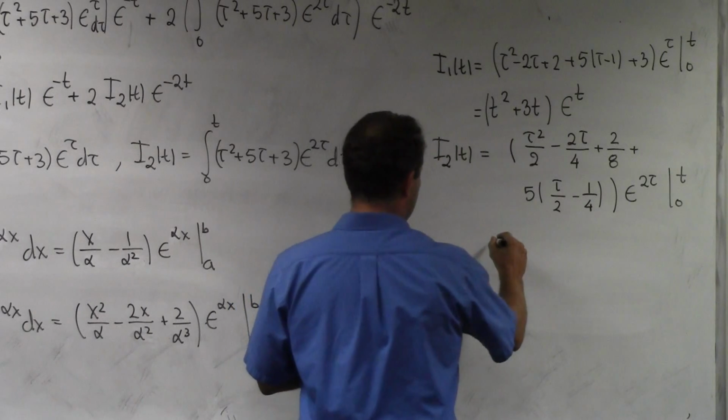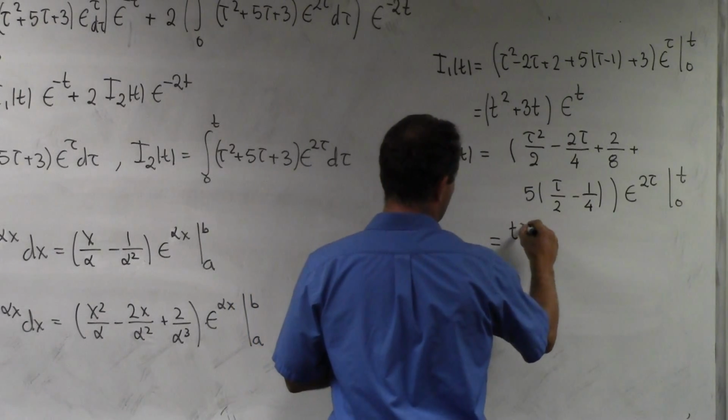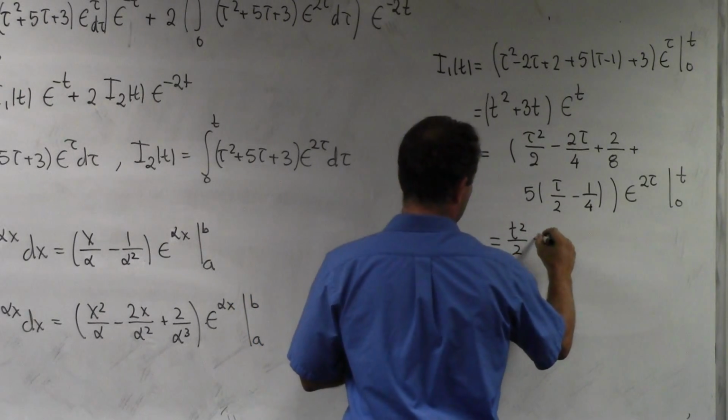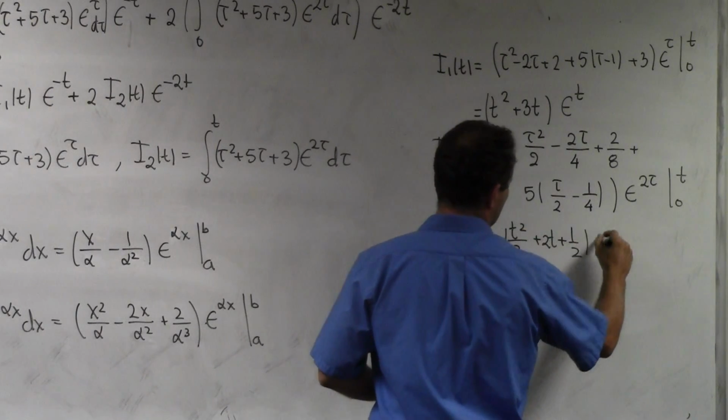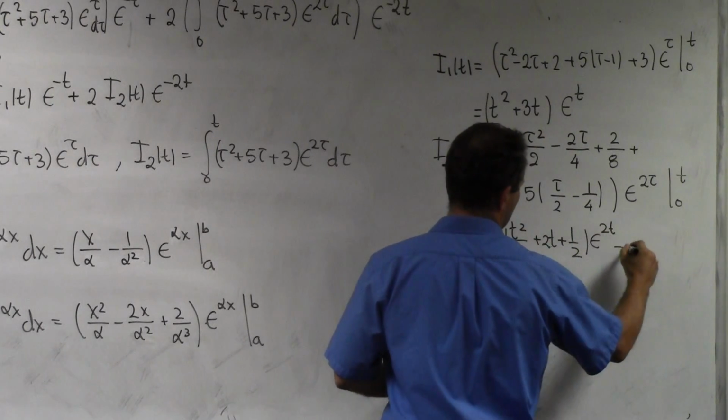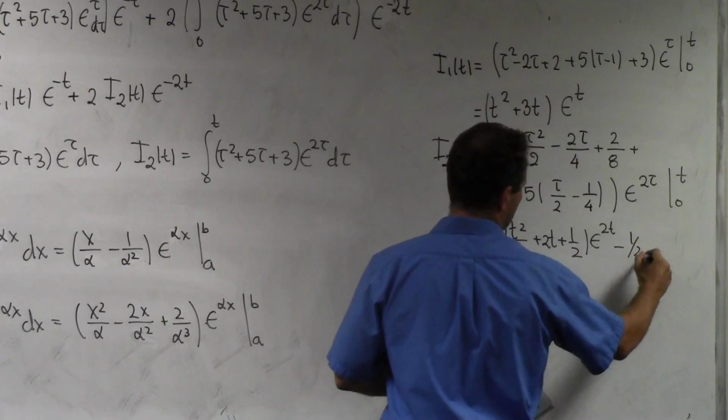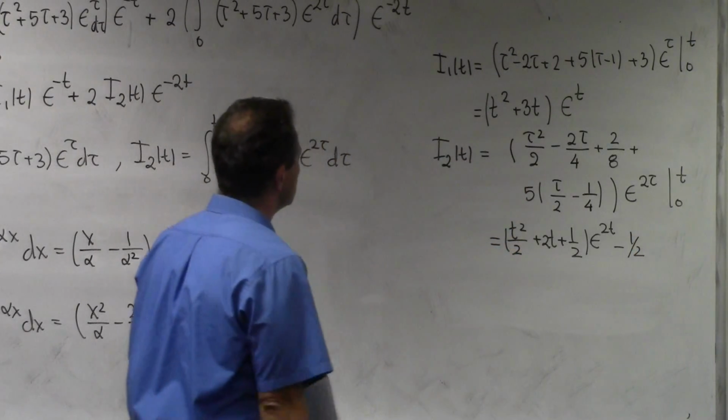So when the smoke clears here, this is t squared over 2 plus 2t plus 1/2 e to the 2t minus 1 over 2. So that's the second integral.